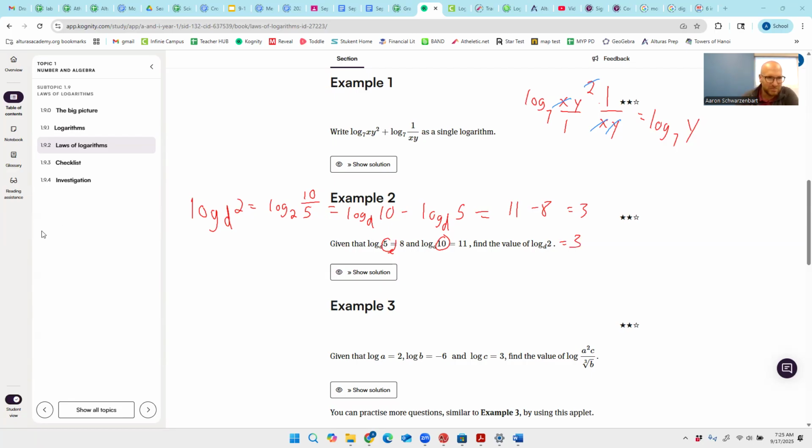So I had to look for a way to make what was given in the logarithms 2. That's 10 divided by 5, and then use my laws of logarithms, and then substitute the answers that the problem gives me.